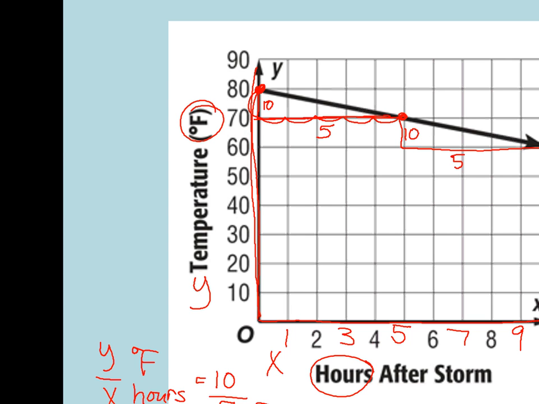But what I want to notice is this one is going downhill. So that means it's decreasing. So I'm going to put a -2. And it is -2 degrees Fahrenheit per hour. So box that answer.